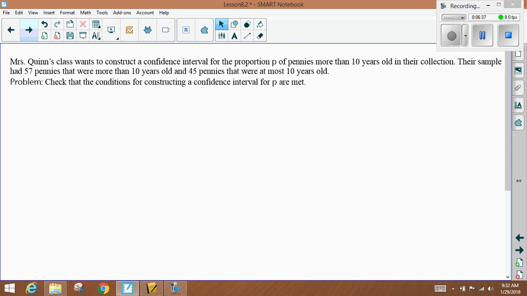I don't know what constitutes a good penny collection, but we can do some research. So our sample had 57 pennies that were more than 10 years old, 45 pennies that were not more than 10 years old. That's about easy. Okay.